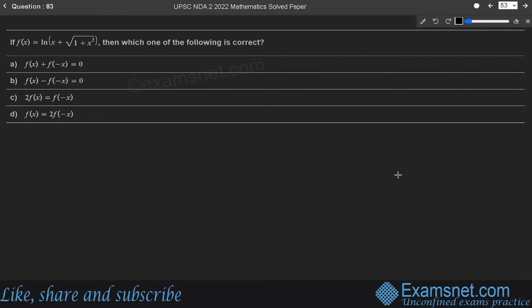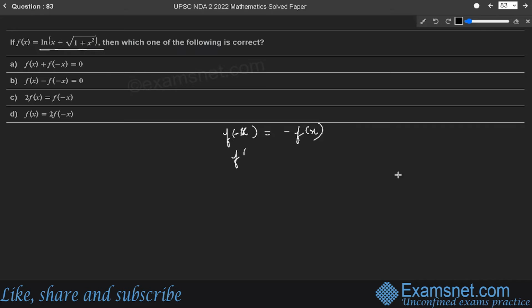Next question is also very simple. If f of x is equal to log of x plus under root 1 plus x square, you can see that it is log of x plus under root 1 plus x square. We know that whenever there is log like this, it is an odd function. It means that f of minus x will be equal to minus f of x.